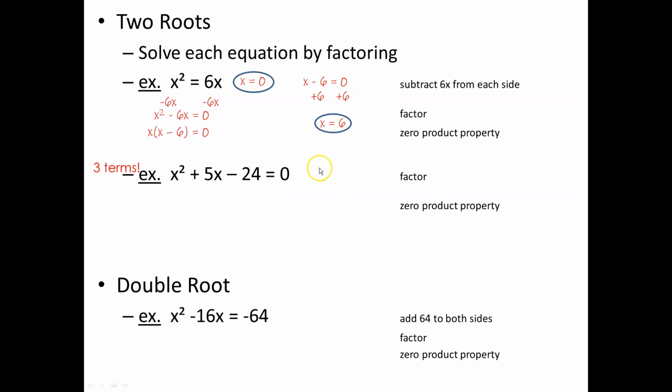So the only thing we have left is our x factor, where we take this last term here and we put it on top of our x, and then we take the number of the middle term, that plus 5, that's going to go down here. Okay, now let's think of 2 numbers that multiply to our top number, negative 24, and add to our bottom number, 5.